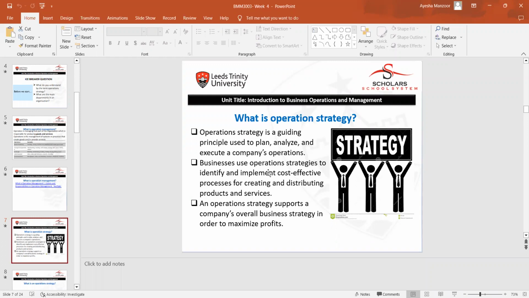By making plans, some operational strategies. Businesses use operation strategies to identify and implement cost-effective processes for creating and distributing products and services. An operation strategy supports a company's overall business strategy in order to maximize profit.